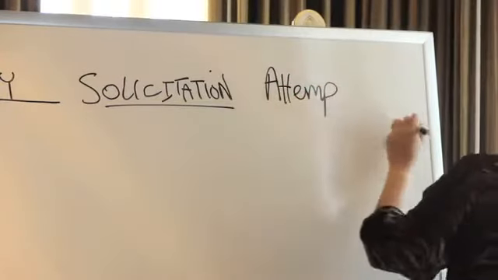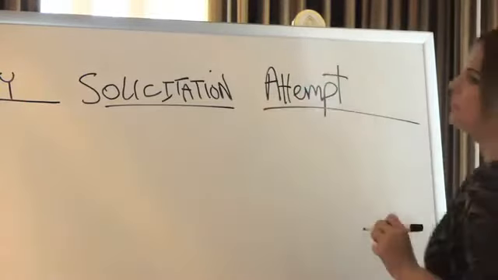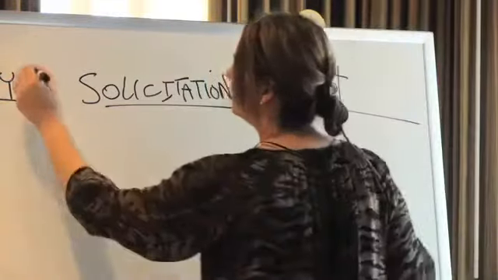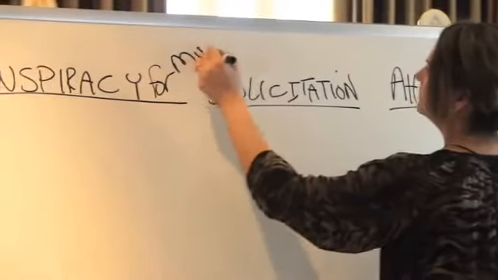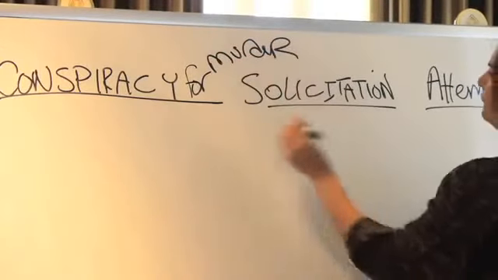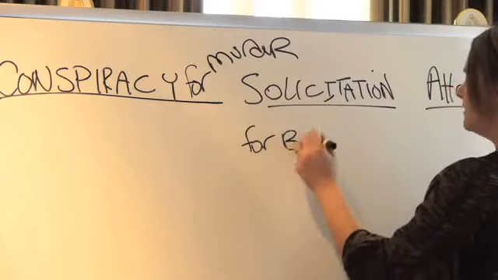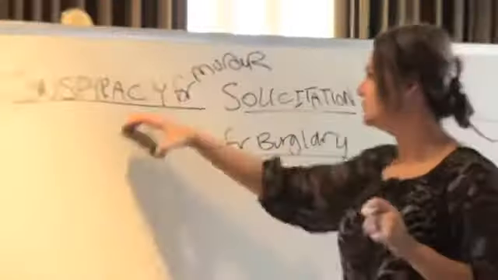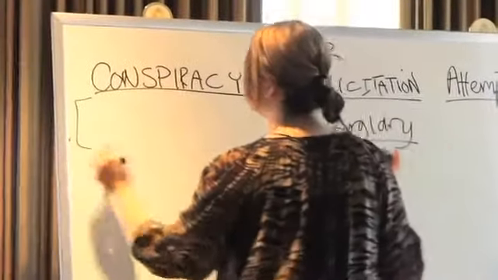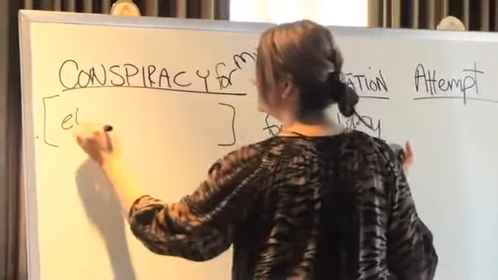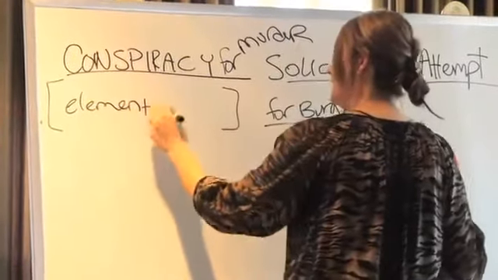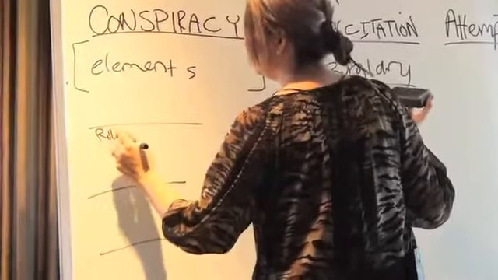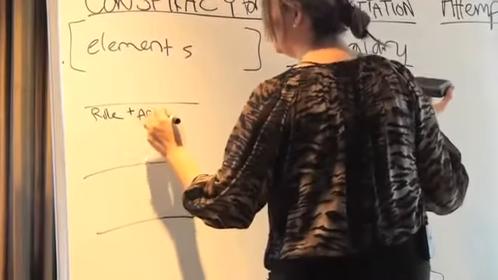Now remember, whether it's conspiracy, whether it's solicitation, or whether it's attempt, you always want to put in your heading what the underlying crime is. So conspiracy for murder or solicitation for burglary. I think you got the hint. You always want to put that. And what you would do is you use your intro, introduce the elements for those crimes, and then subsequently head note them and go into the rules and give your analysis plus conclusion.